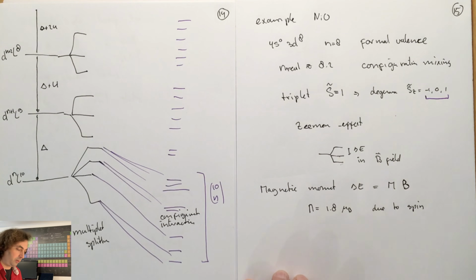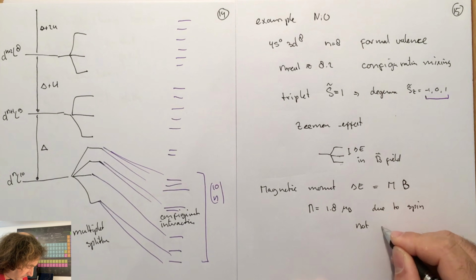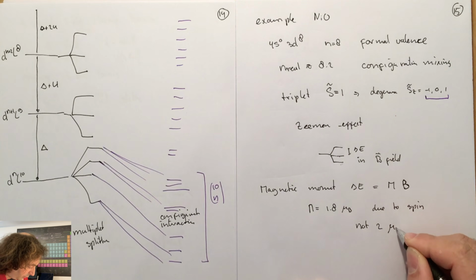If you include spin orbit coupling, it will also have some angular momentum, so that this is not something that you immediately can see in experiment. But of course, in a pure spin theory based on formal valence, you would expect 2 mu Bohr.